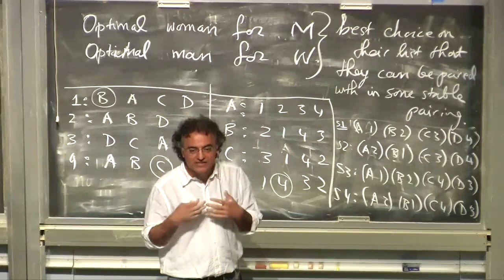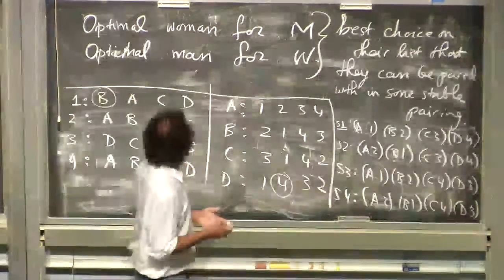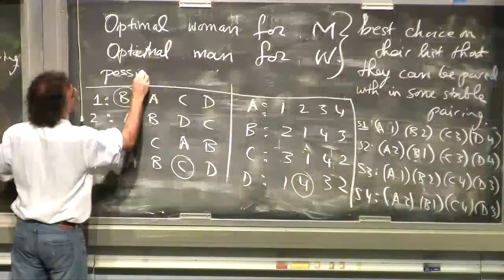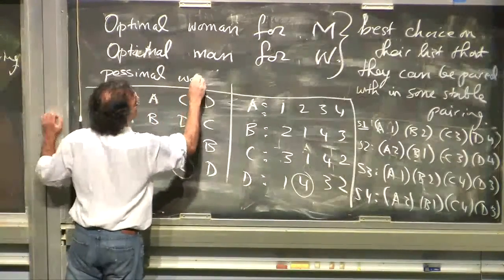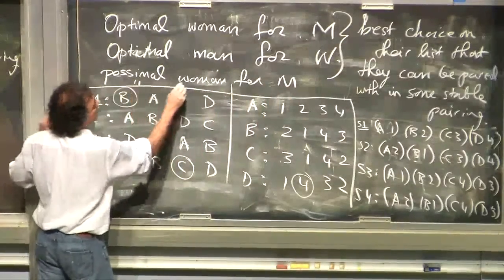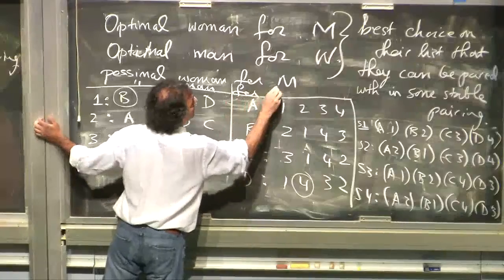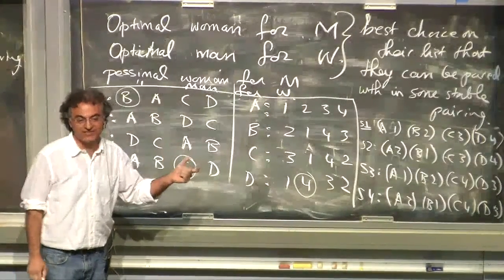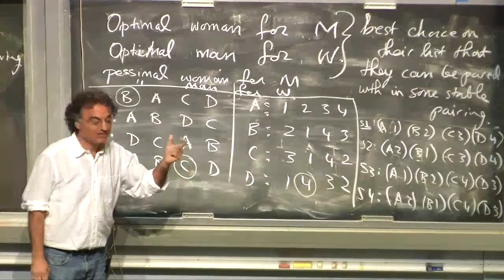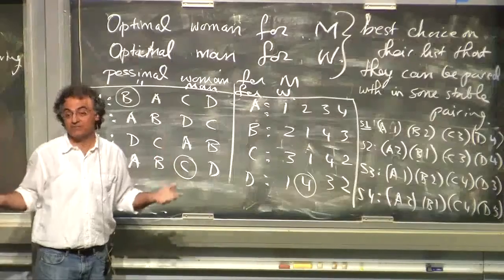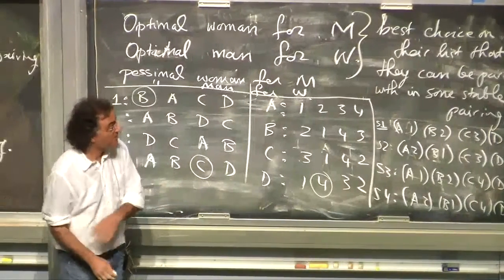The scandal actually deepens further when you consider the notion of pessimal. Pessimal means what's the worst possible choice that this man could make and still be stable, in some stable matching, stable pairing.